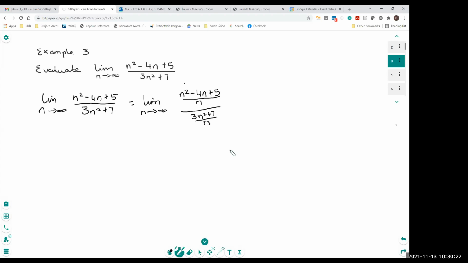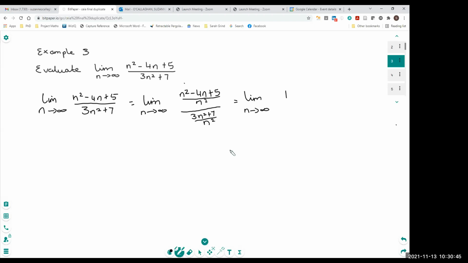So you're dividing above and below the line by n. So that's equal to the limit as n approaches infinity of, sorry, I'm just dividing by n squared. Take there, n squared, highest power.